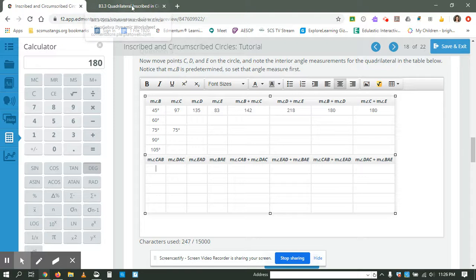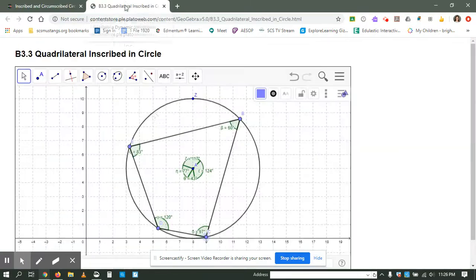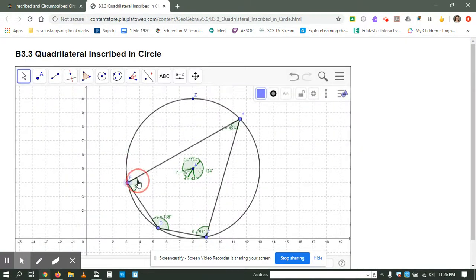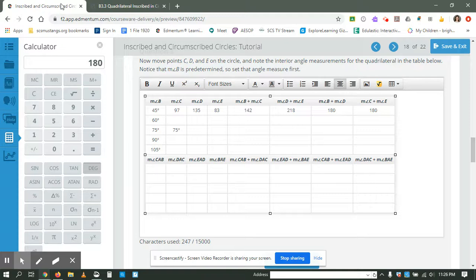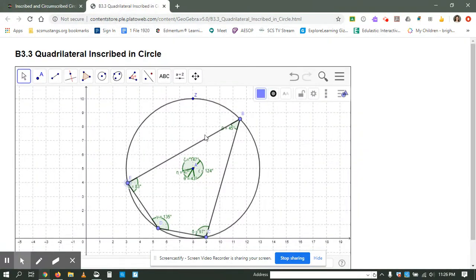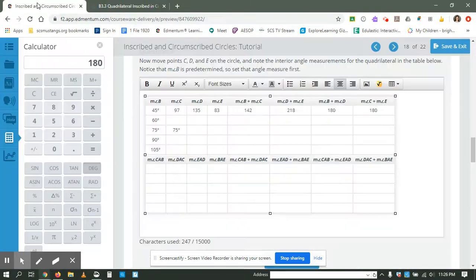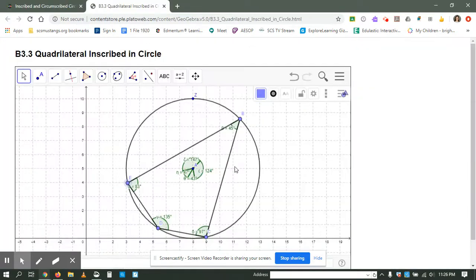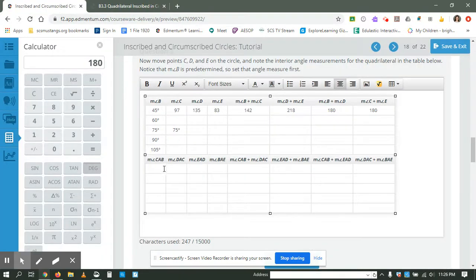You could probably do it as you go along. So I'm going to put this back to 45 and just do it along and along. So 83, 97. Do those still match? Yeah, sure do. So that you don't have to do double duty and move things back and forth. At the same time, I'm going to record CAB is 124.